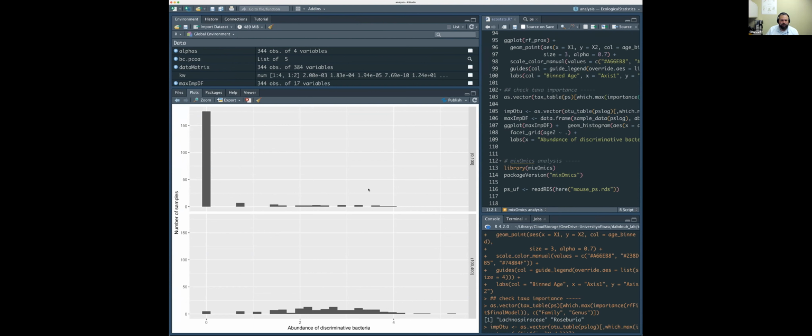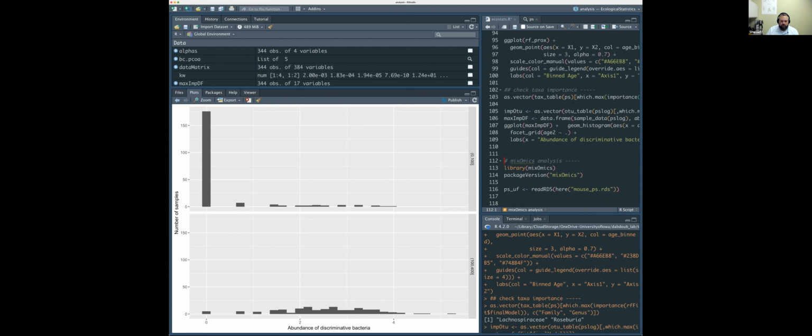So the abundance of discriminative bacteria between, in the top panel, the young mice, and the bottom panel, the older mice. So there is one really highly predictive feature for the young mice, and a few lowly predictive ones.